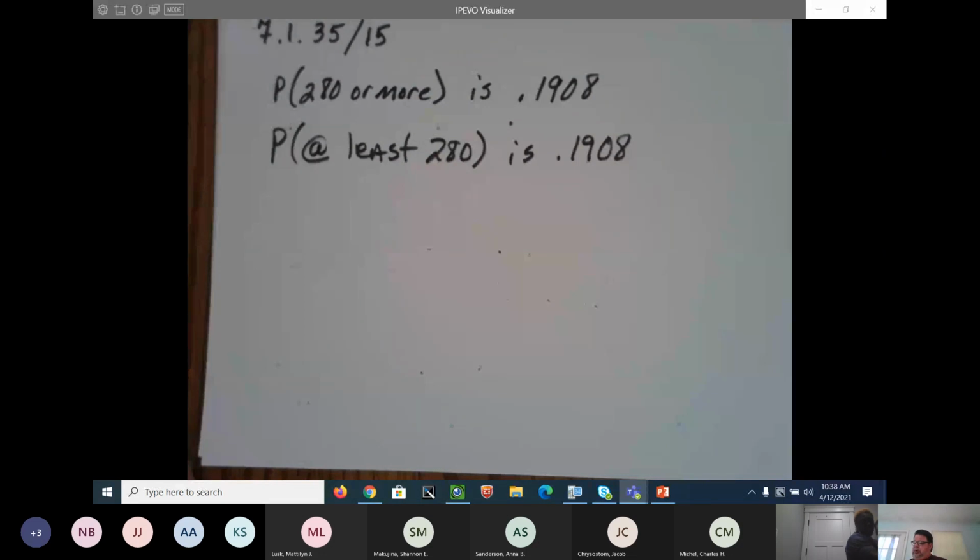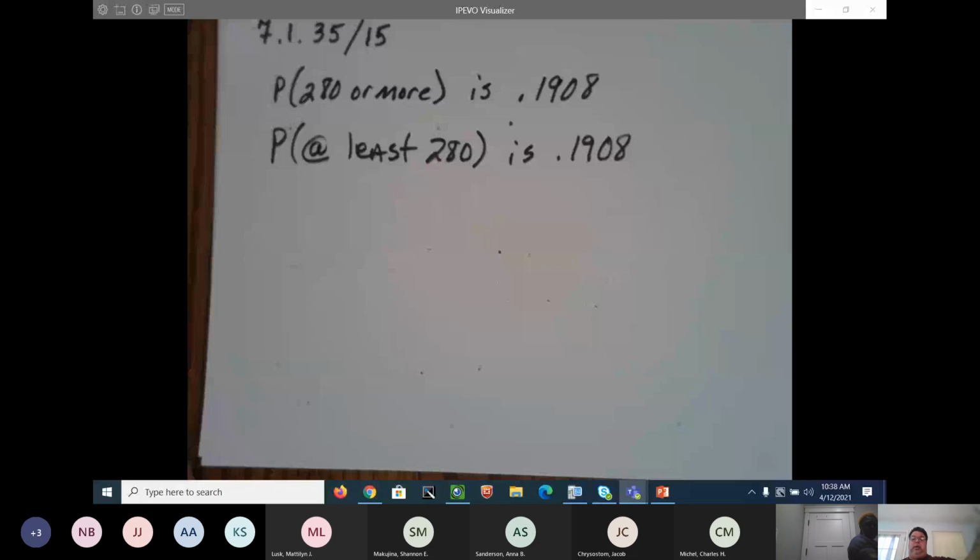Okay, so this is A. So I'm going to go to my handy dandy curve and find 280. And I'm going to do 280 in yellow, just like the video. Where is 280? Well, 280 is right about here.